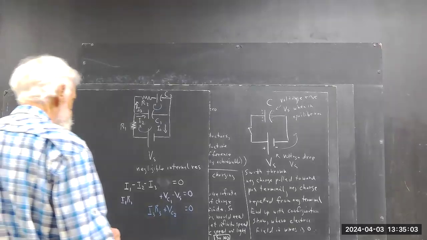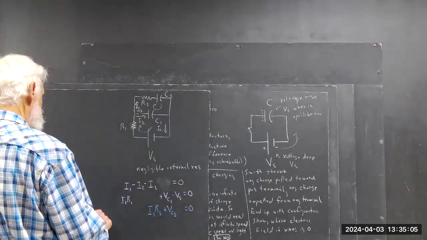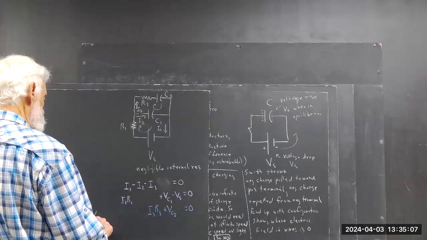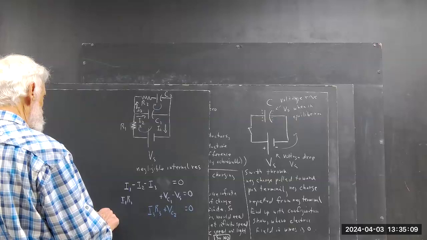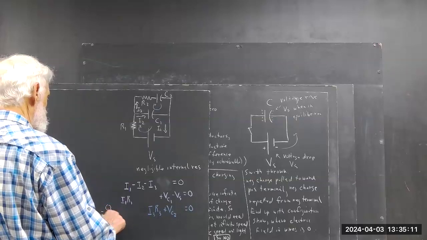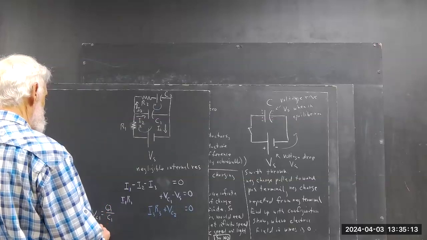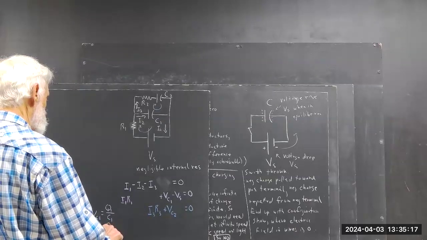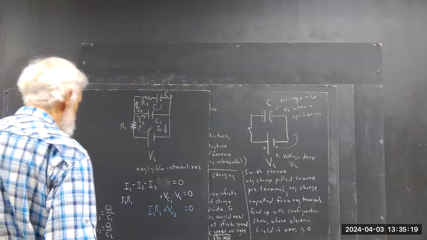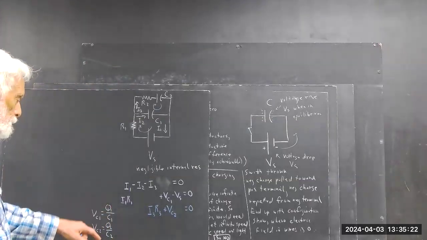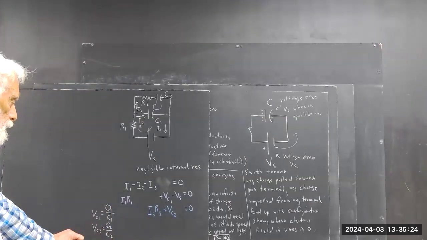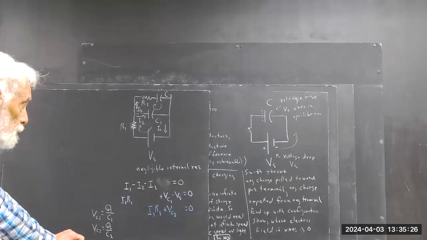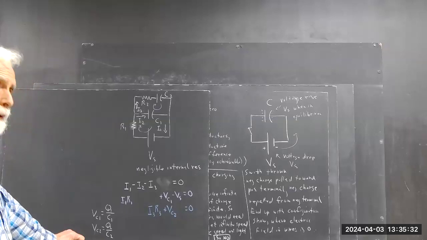Then you have VC1 equals Q1 over C1, VC2 equals Q2 over C2. Q1 and Q2 would be functions of time.